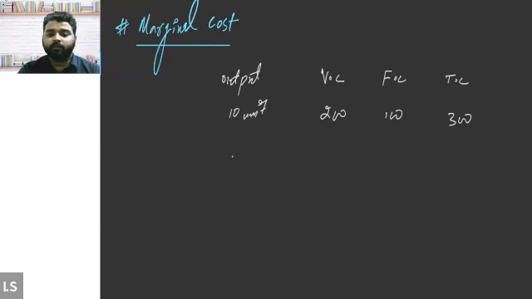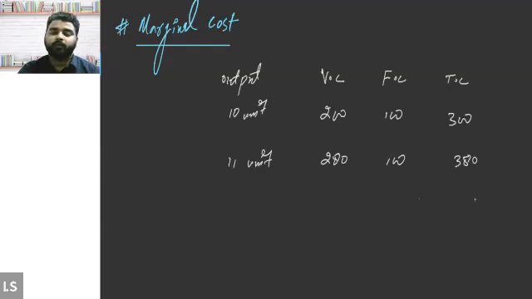Now he increased the production to 11 units, and by doing that variable cost rises to 280, and obviously the fixed cost will remain the same, so the total cost will now be 380.